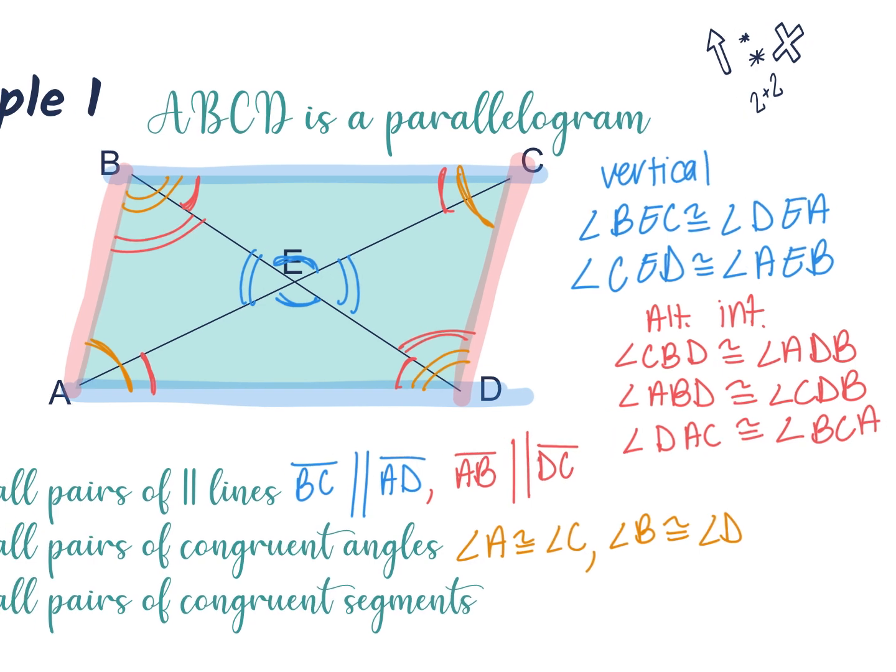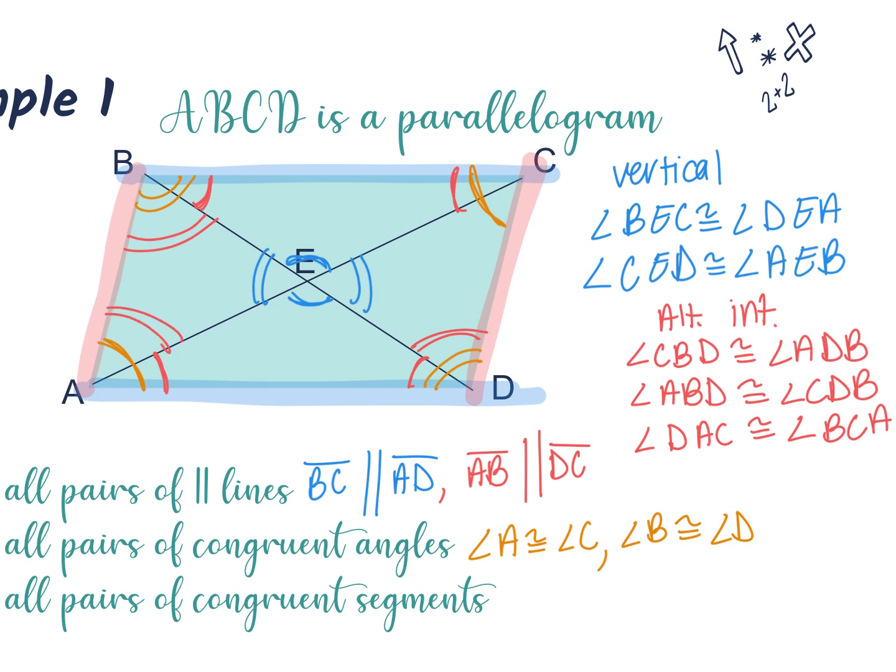And then my last one, angle BAE or BAC, is congruent to angle DCA. It's a lot of angles. But all of those angles are going to be congruent. Questions on angles? And we have one more to do.